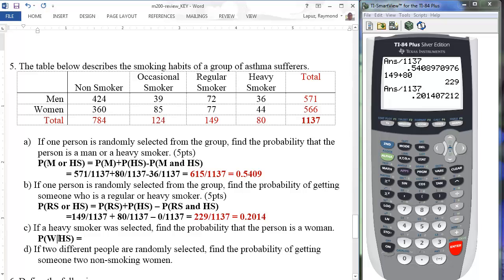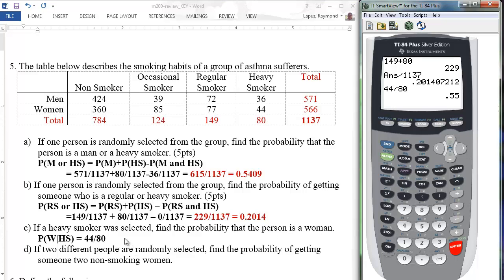One way, we can restrict ourselves to just the 80. This is 44 out of 80, and it should give us a result which is about 55%.